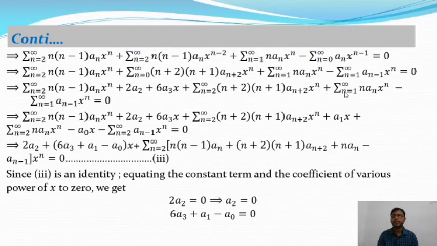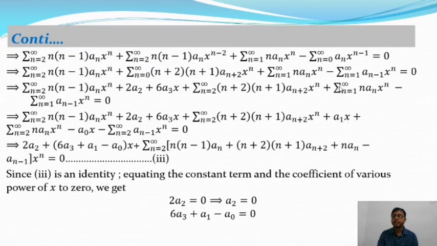Plus summation n equals 1 to infinity n a_n x^n, minus summation n equals 1 to infinity a_(n-1) x^n equals 0. That means the third and fourth terms remain the same. The above equation implies summation n equals 2 to infinity n(n-1) a_n x^n plus 2a2 plus 6a3 x plus summation n equals 2 to infinity (n+2)(n+1) a_(n+2) x^n plus a1 x.